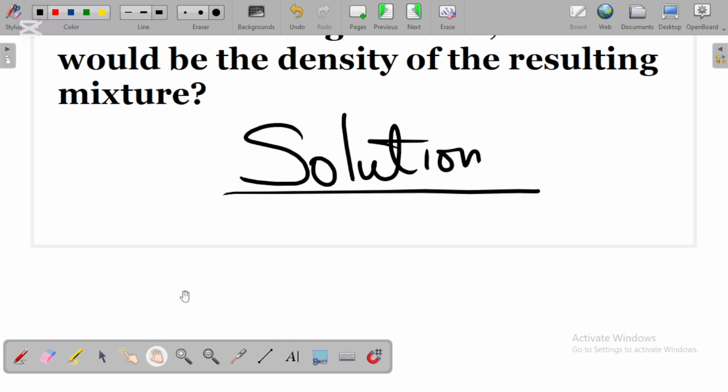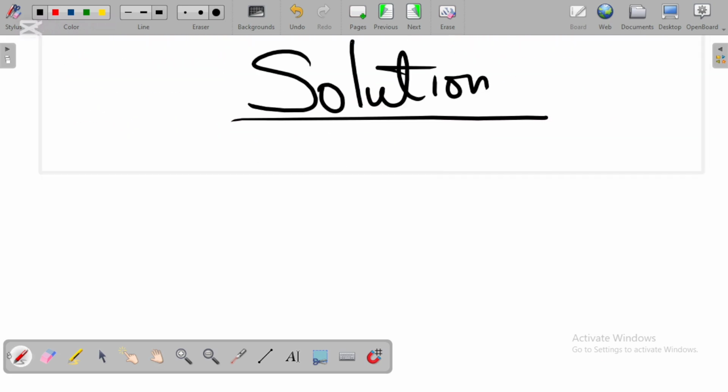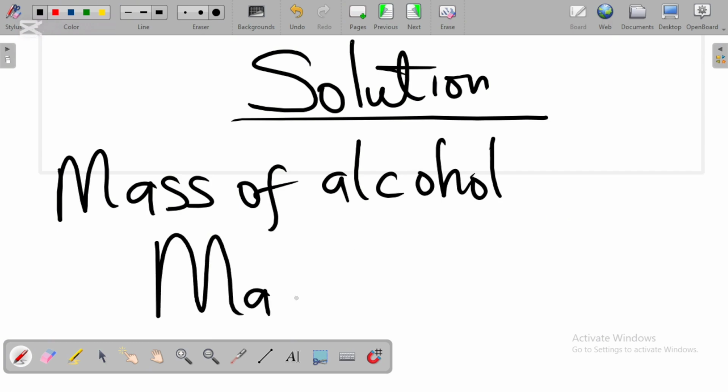Solution. Our first task here is to write down the given parameters. First of all, we are given that the mass of alcohol, M subscript A, is equal to 21 grams.